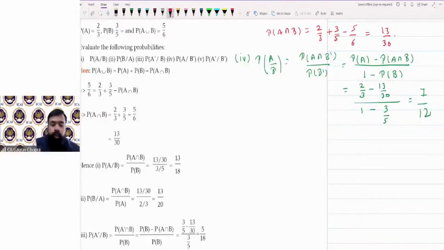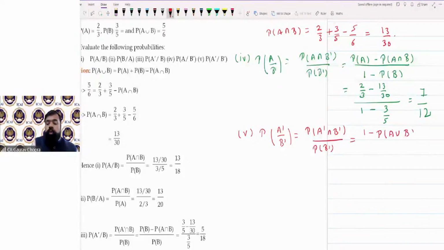And now similarly, we can try the next one, the fifth portion, which is A dash upon B dash. It will be probability of A dash intersection B dash upon P of B dash. Now, this formula also we have covered: 1 minus probability of A union B upon 1 minus PB.